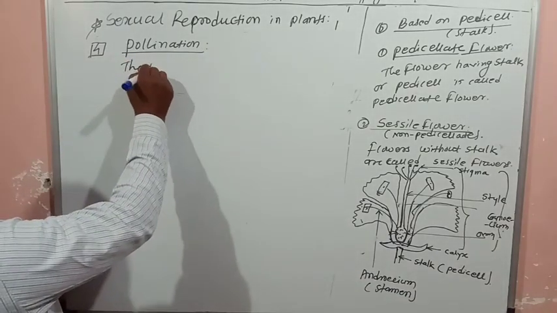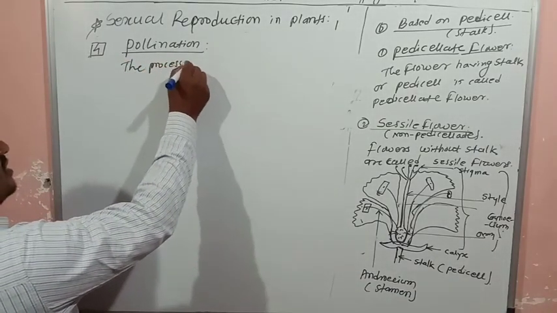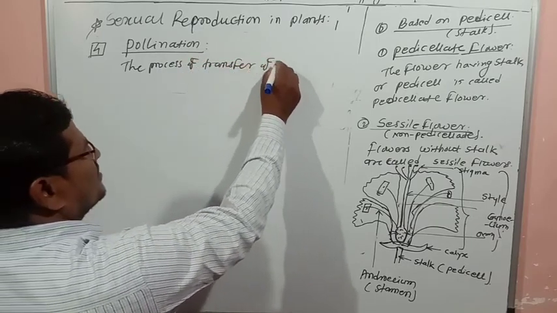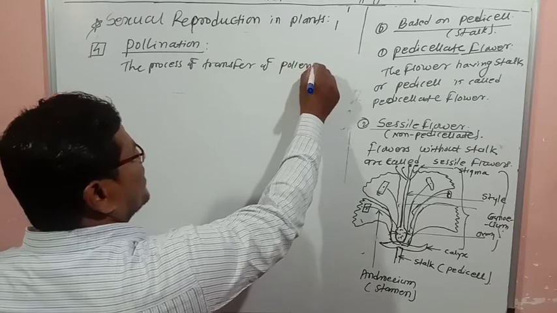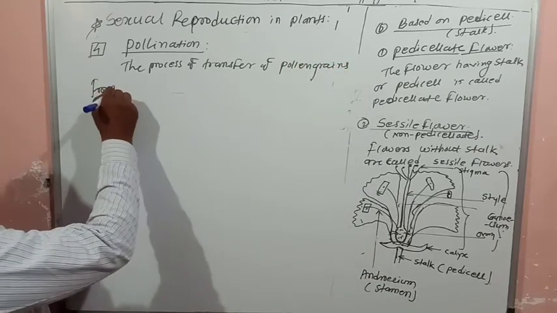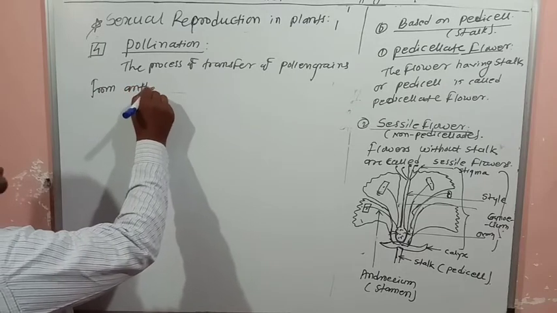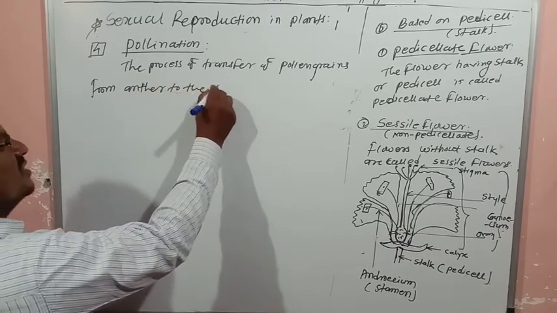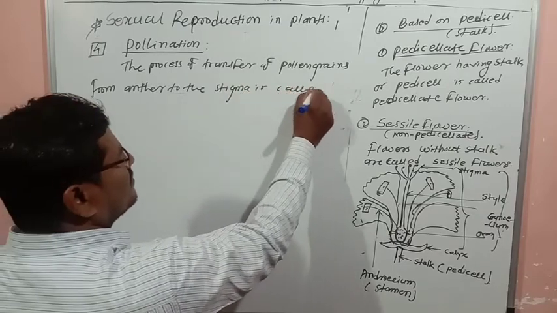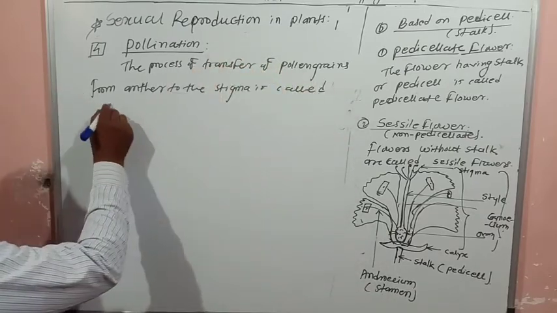The process of transfer of pollen grains from anther to the stigma is called pollination.